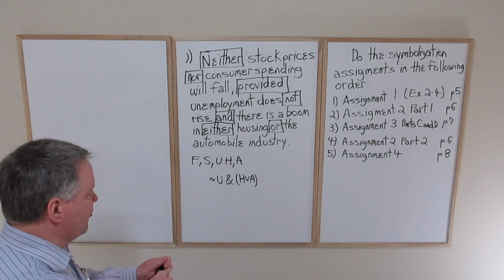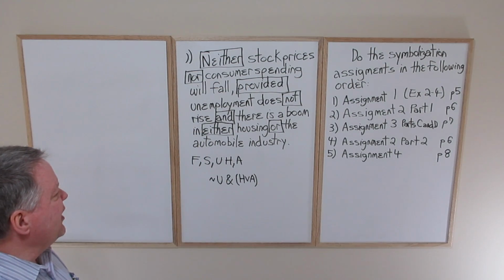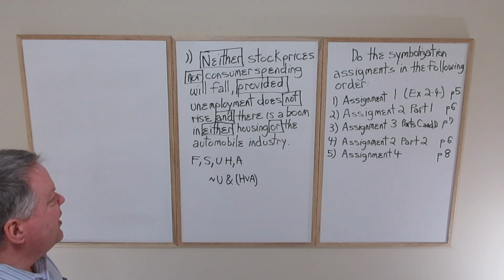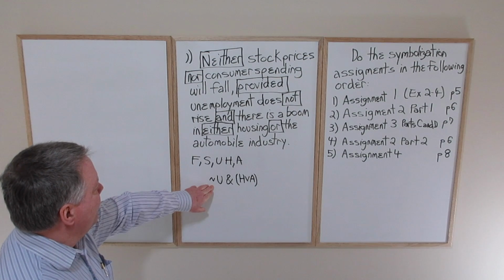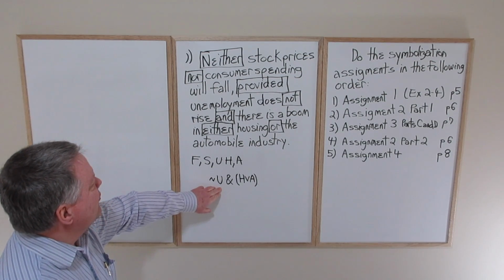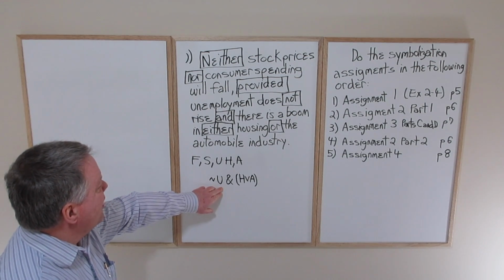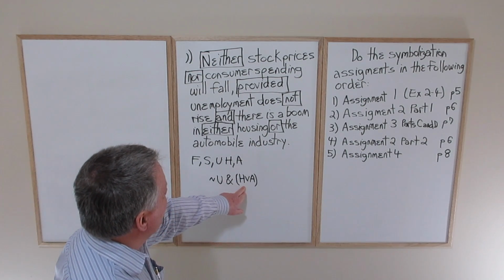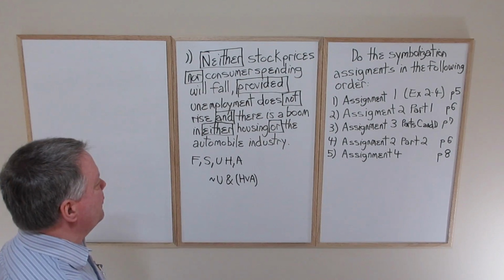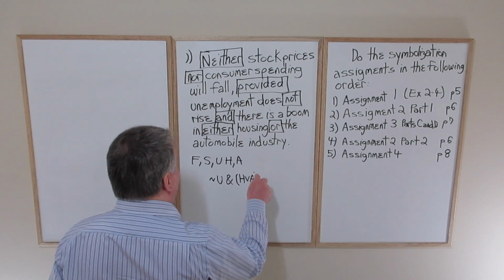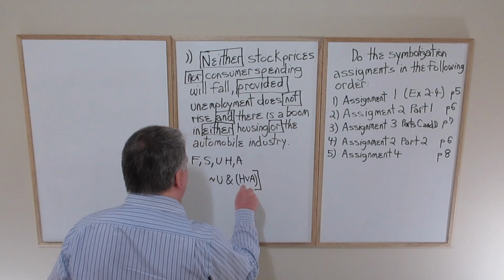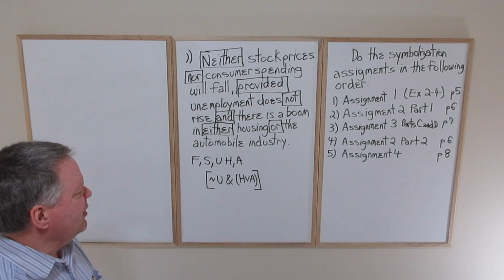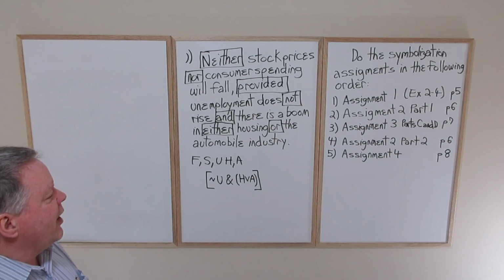So H stands for there's a boom in the housing industry, A stands for there's a boom in the automobile industry. If it's not the case that unemployment rises and there's a boom in at least one of the housing industry or the automobile industry, all of that is the antecedent of a conditional. So we put a second set of brackets around that.